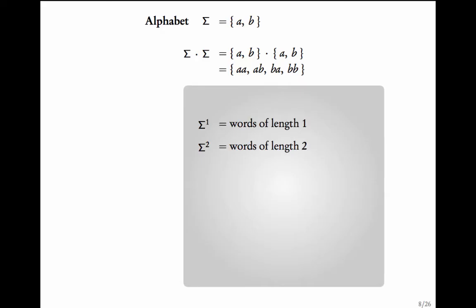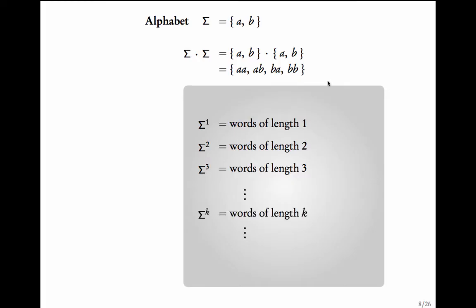So far so good. If you extend it, sigma dot sigma dot sigma will be sigma cubed and this will give us words of length 3. You just take a dot of this set with AB, you will get AAA, AAB, ABA, ABB, BAA, BAB, BBA, BBB. So this will give us all words of length 3.